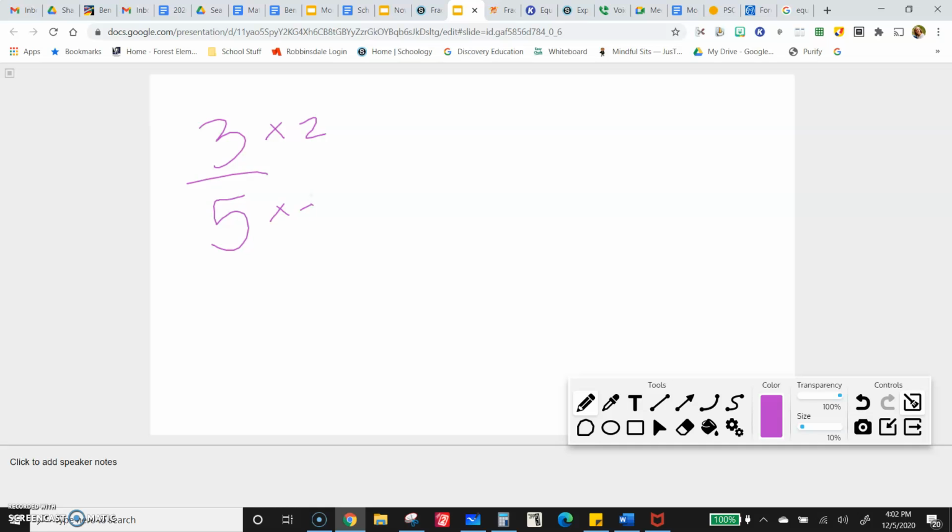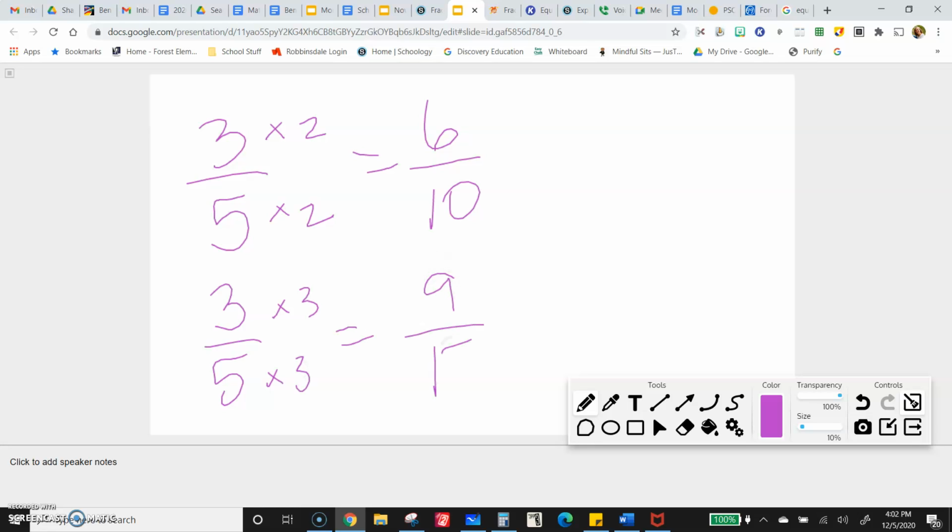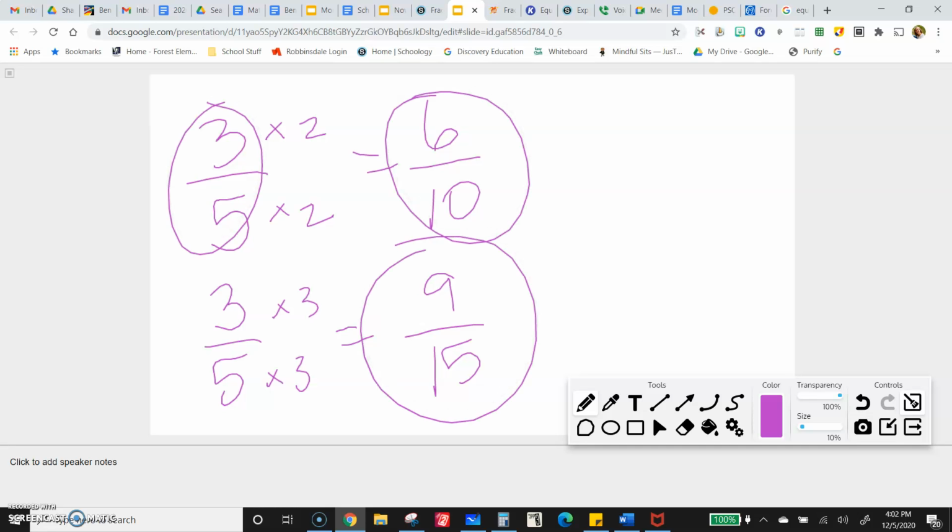If I multiply them both by 2, I get 6/10. That's an equivalent fraction. If I had done 3/5 times 3, that is 9/15. That is also an equivalent fraction. That means these 3 are actually all equal to each other because they're all equal to 3/5.